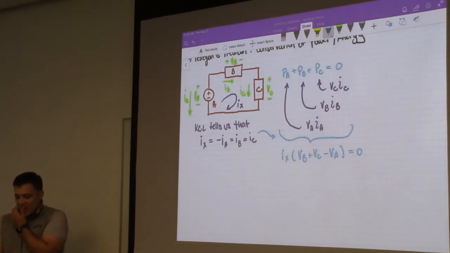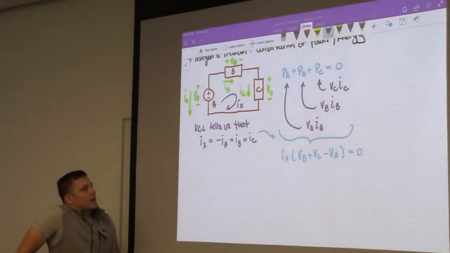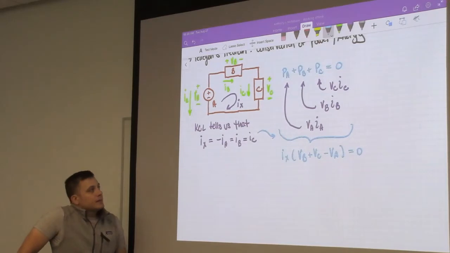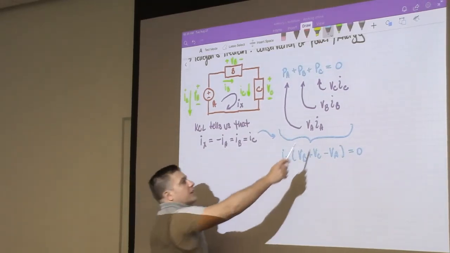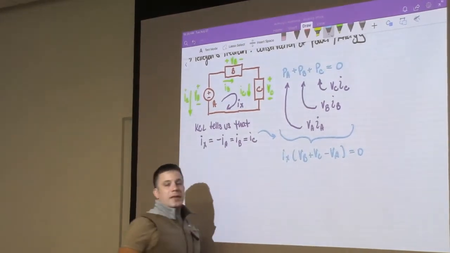Right? VA will be negative because the relationship between IA and Ix is negative, right? This will be replaced with Ix, this will be replaced with Ix, this will be replaced with negative Ix.